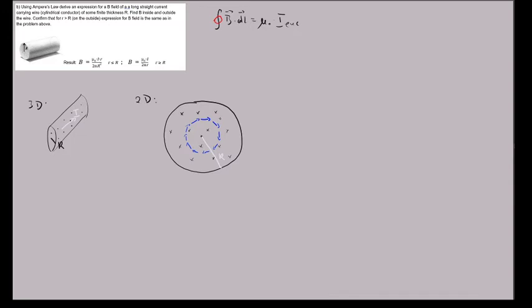Right, so this is B. And I set it up at some distance, at some radius little r away from the center. So that what I have here is little r is less than big R. Right, now I have determined more or less the shape of the magnetic field. I can also add something to it.